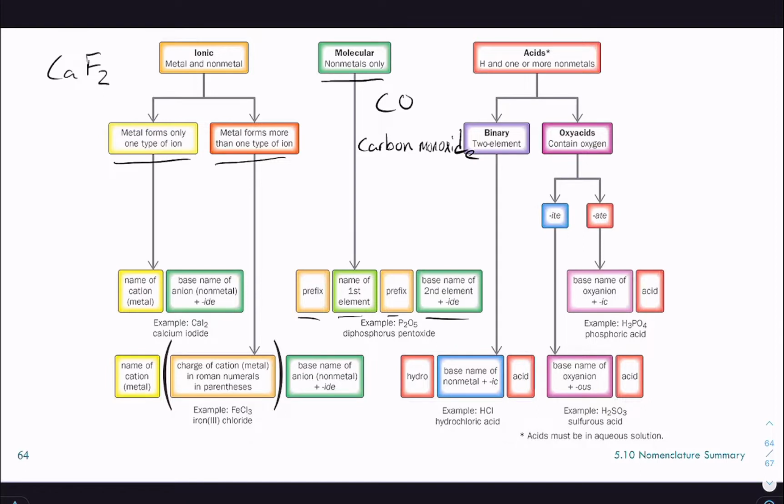Calcium's in group 2, which is one of the groups of metals that form one type of ion. So we'd use the name of the cation, and then the base name of the anion plus IDE. Our name of the cation is calcium, and then it's the base name of the anion with IDE, so fluoride.